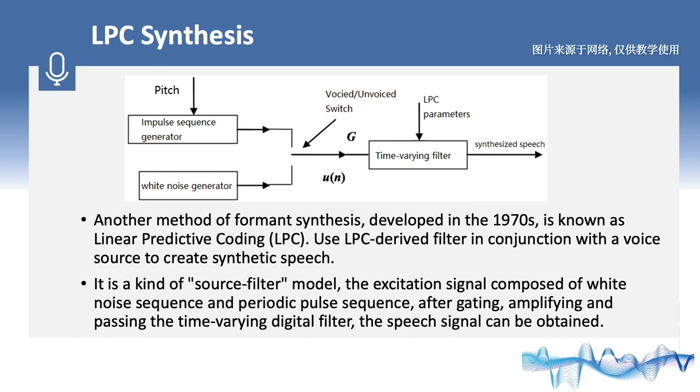The excitation signal is composed of a white noise sequence and a periodic pulse sequence. After gating, amplifying, and passing through the time-varying digital filter, the speech signal can be obtained. LPC synthesizers greatly reduce the amount of information in speech.